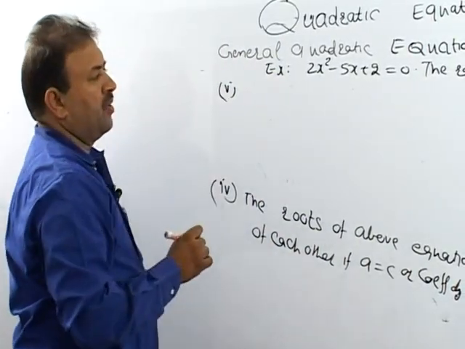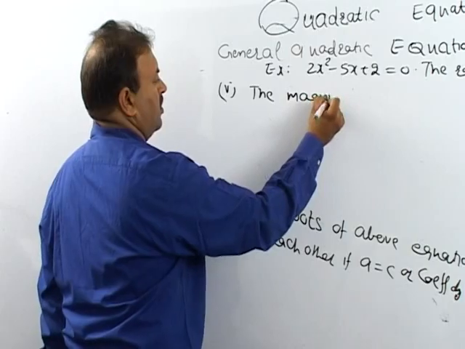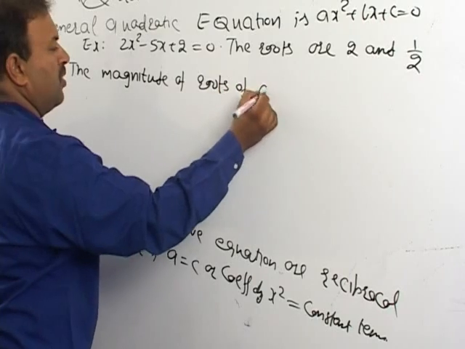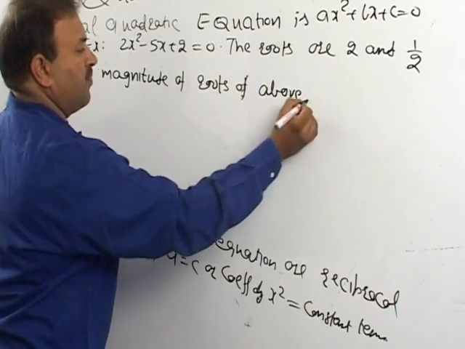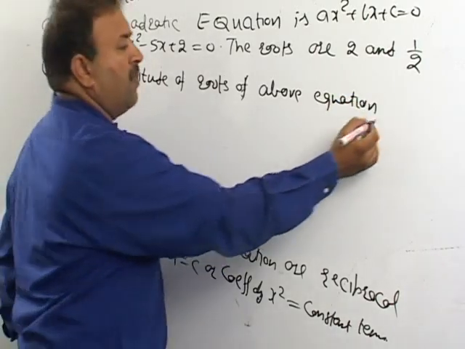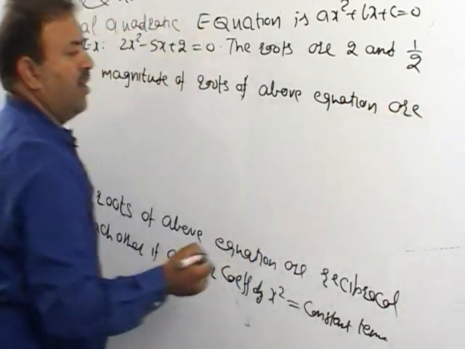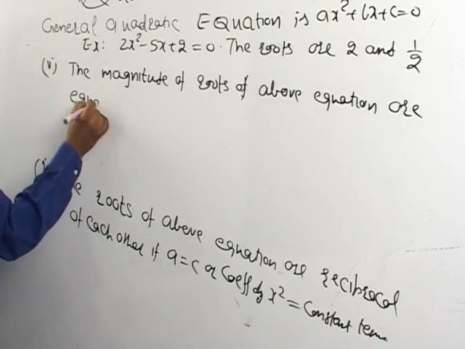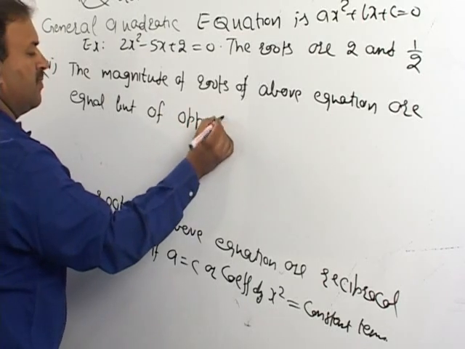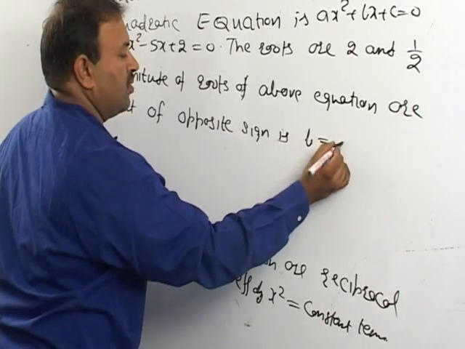Fifth point, the magnitude of roots of the above equation are equal but of opposite sign if B is equal to 0.